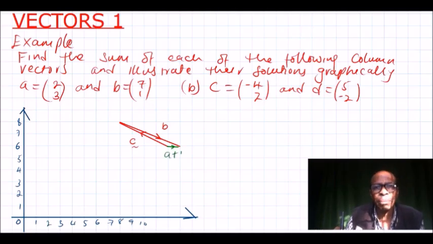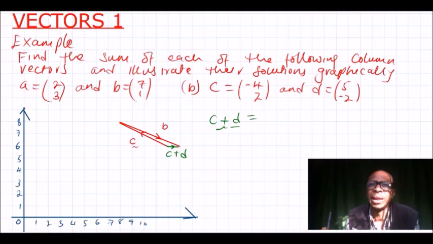We can prove that because we can say C plus D. Let's correct that. We are dealing with C plus D, and you can use that to indicate their vectors. So it is (-4, 2) plus (5, -2).